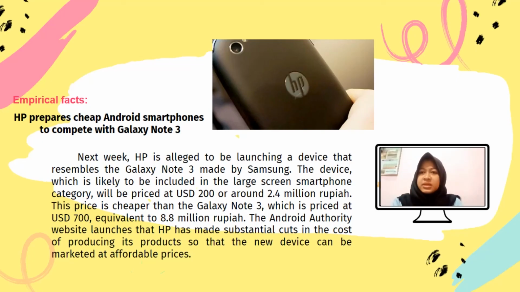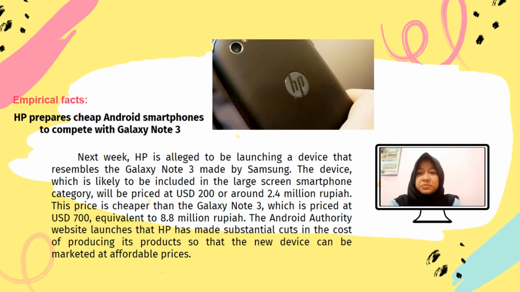And the next empirical fact. HP prepares a cheap Android smartphone to compete with the Galaxy Note 3. Next week, HP is alleged to be launching a device that resembles the Galaxy Note 3 by Samsung. The device, which is likely to be in the large-screen smartphone category, will be priced at $200, or around 2.4 million rupiah.